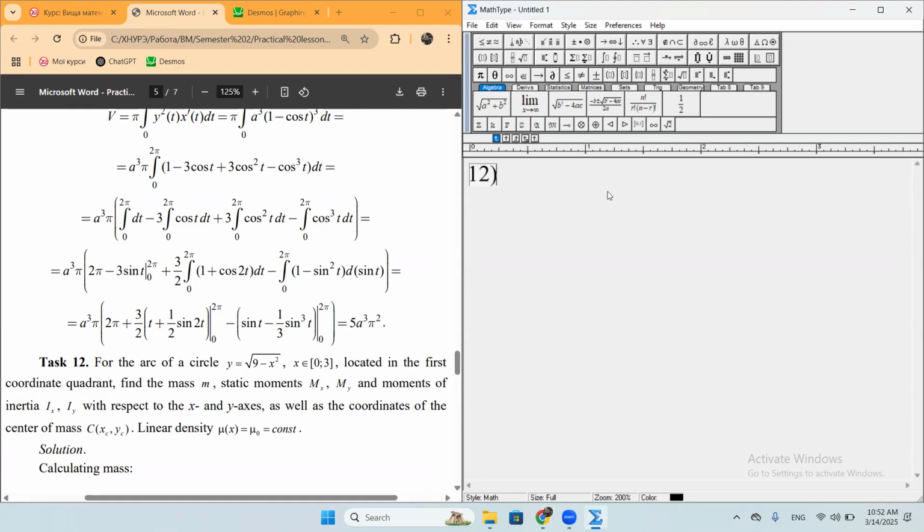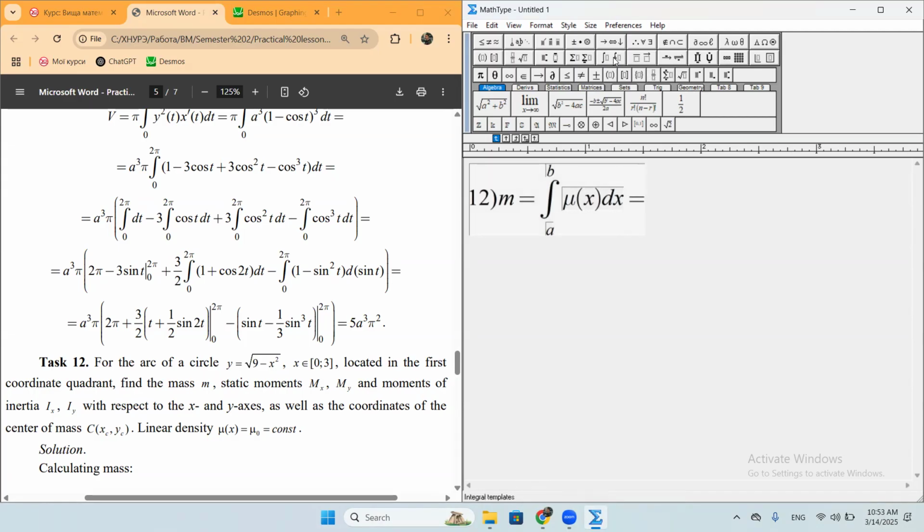So first of all, let's calculate mass because it's easier. It is calculated by the following formula. So from a to b, mu from x dx.